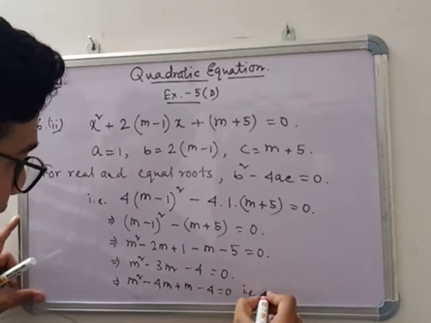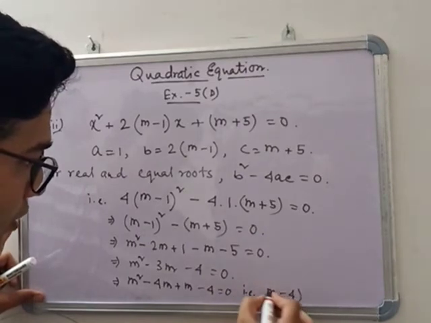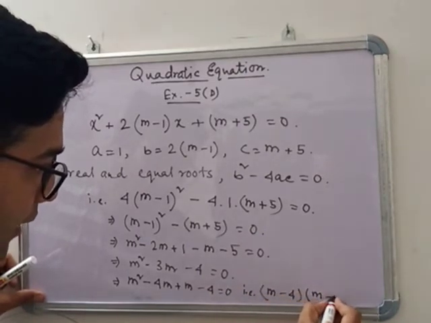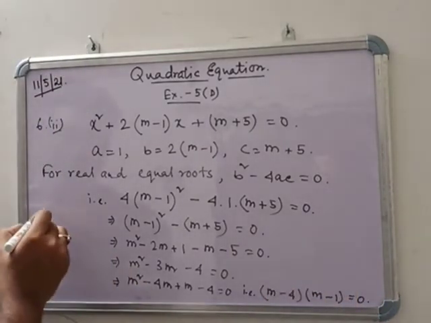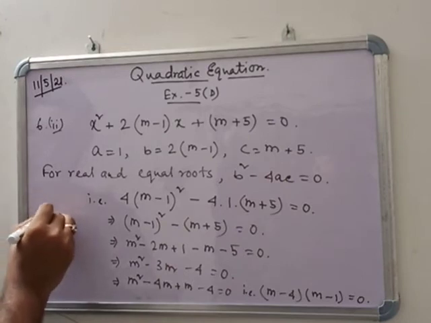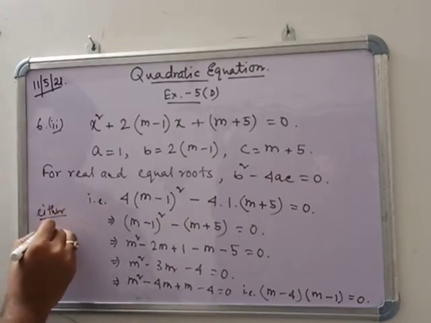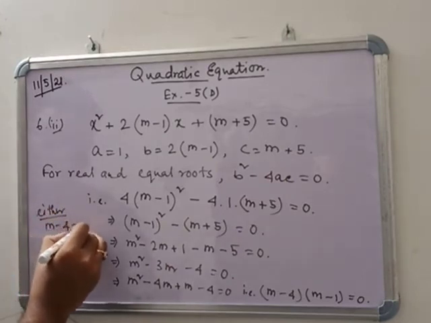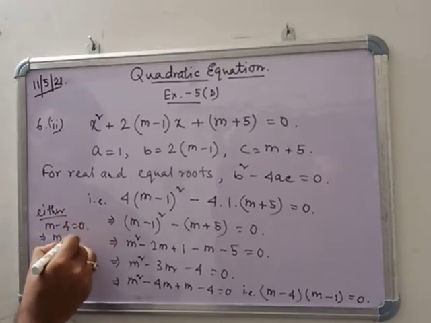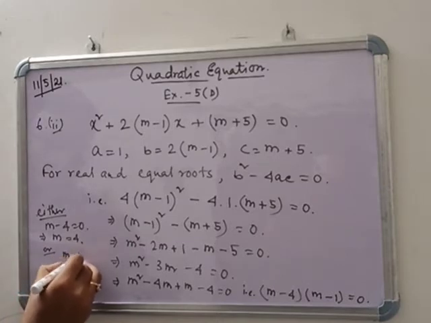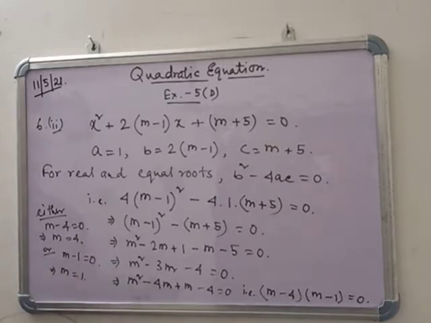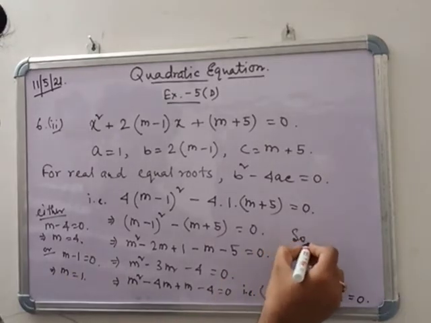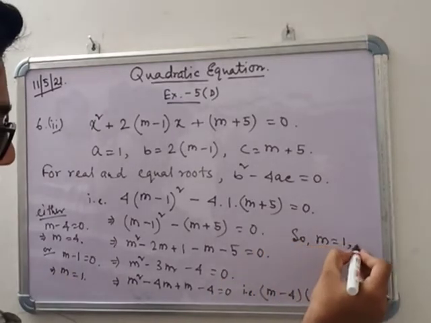That is m minus 4 and m plus 1 equals to 0. So either m minus 4 equals to 0 implies m equals to 4, or m plus 1 equals to 0 implies m equals to minus 1.